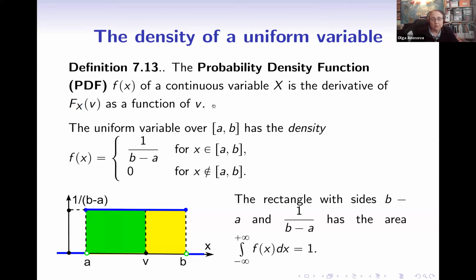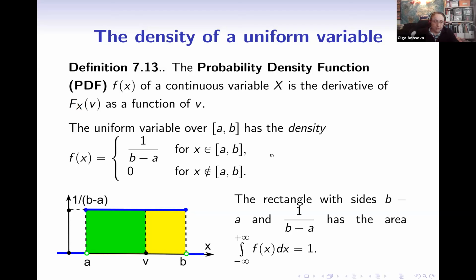And then it has quite a nice sense of representing density. Why? For the uniform variable, just by taking a formal derivative, we'll get to that probability density function, the so-called PDF.